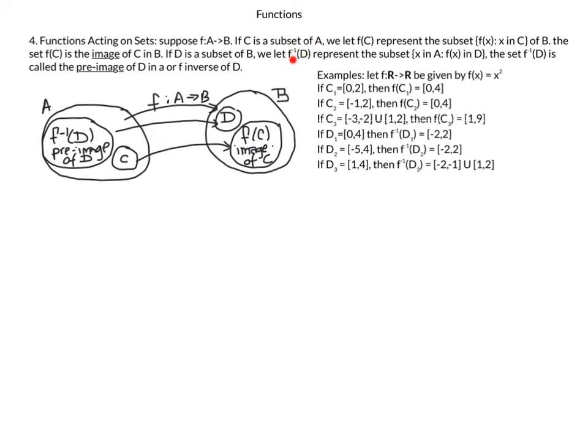So we let this pre-image of D represent the set of x in A such that f of x is in D. So the pre-image are the elements in A that get mapped over into the set D. So we have a set C gets mapped into the image of C, which is a subset of B. And if we have a subset of B, called D, then the pre-image of D are the elements in A that get mapped over into the subset D.